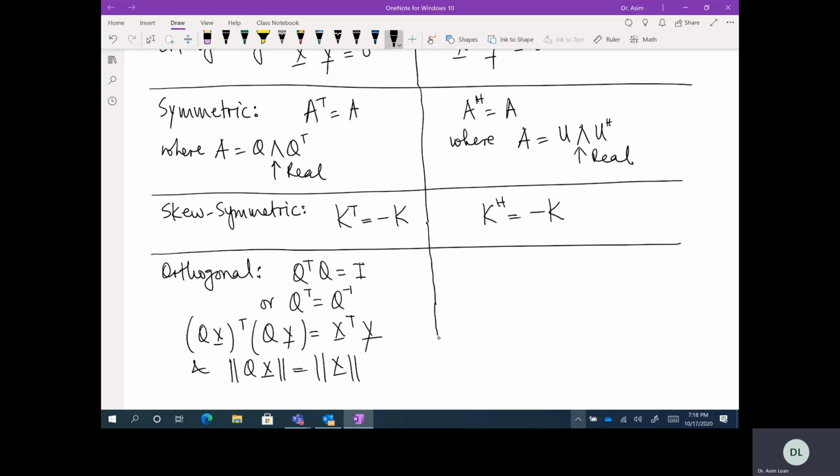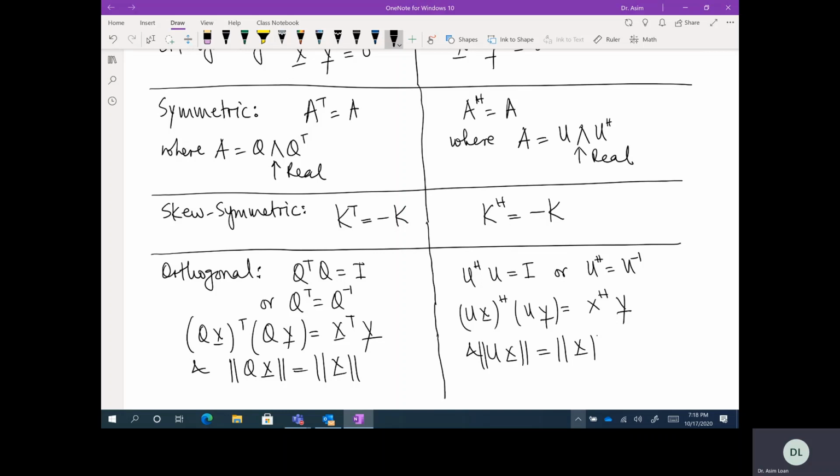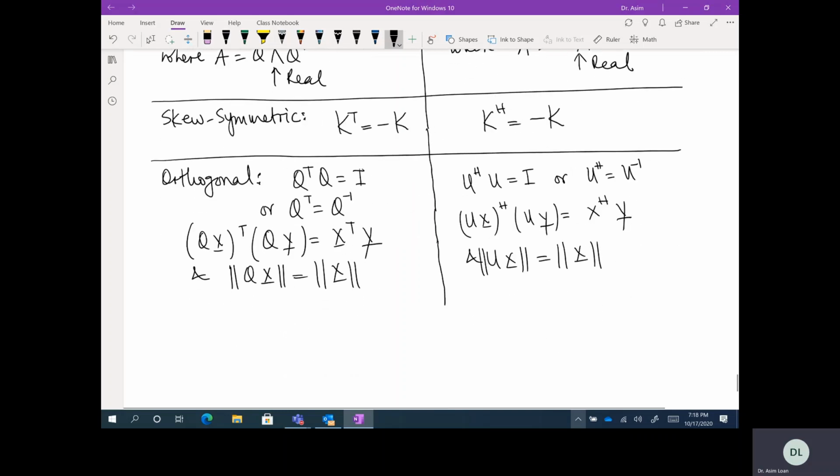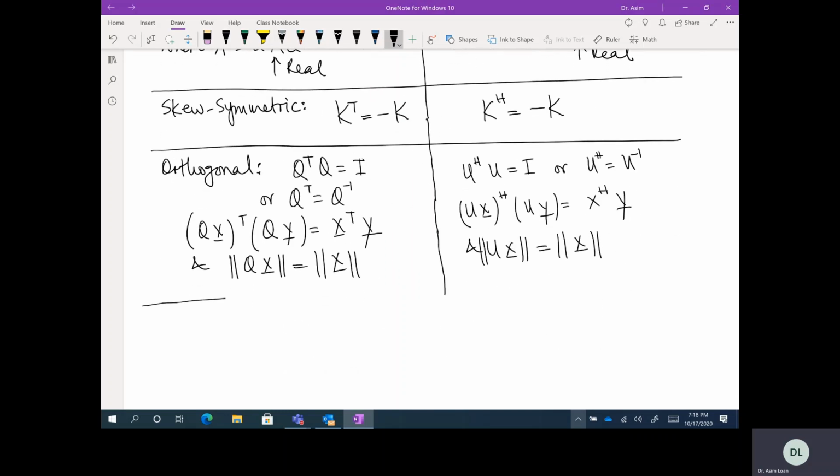The only difference is we have unitary matrices. U Hermitian U equals I, or U Hermitian is equal to U inverse. (Ux) Hermitian (Uy) equals x Hermitian y, and the norm of Ux is the norm of x, and nothing has changed as far as the length is concerned.